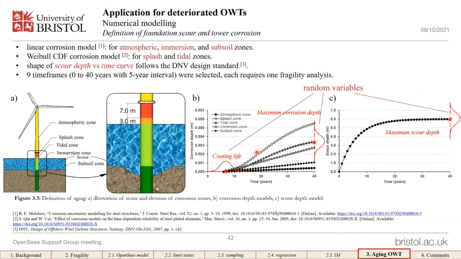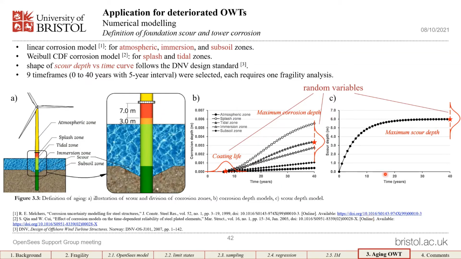For our case, a linear corrosion model was assigned for the atmospheric zone, the immersion zone, as well as the subsoil zone. Whereas a corrosion model that follows the shape of a Weibull cumulative distribution function was used for the splash zone, as well as the tidal zone.